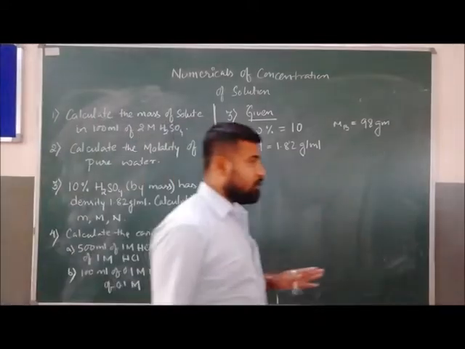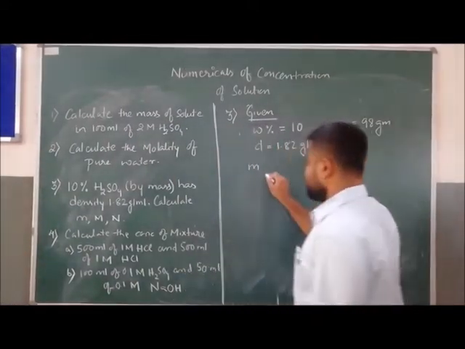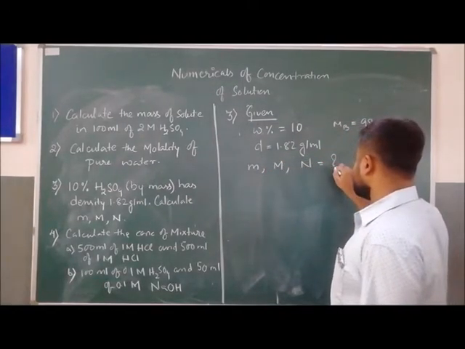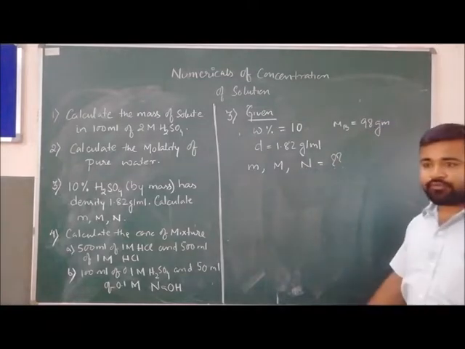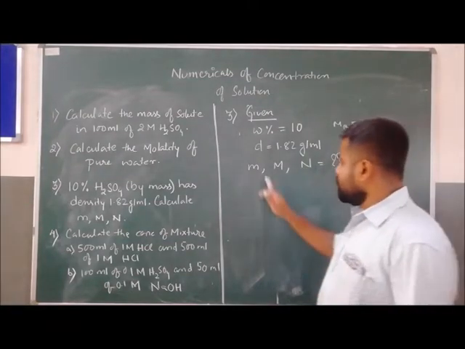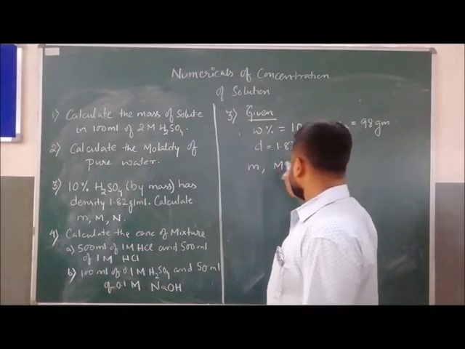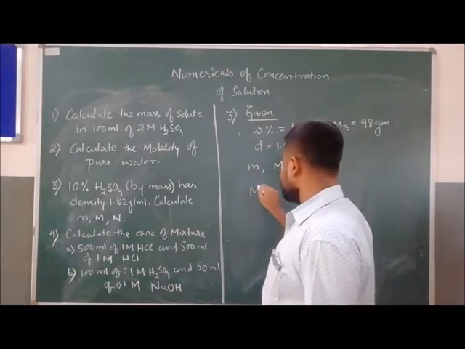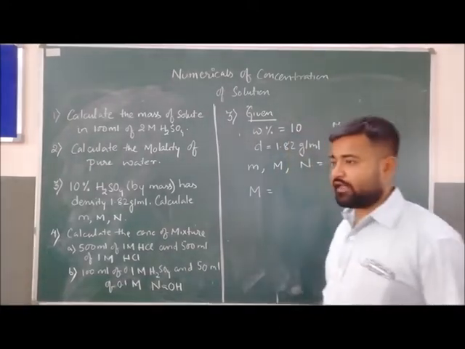Clear? So we have to find out the molality, molarity and normality. This thing we have to find out. Clear? So first of all, we will start from the molarity, normality, and then we will go to molality. So molarity is equals to what? What is the formula of molarity?